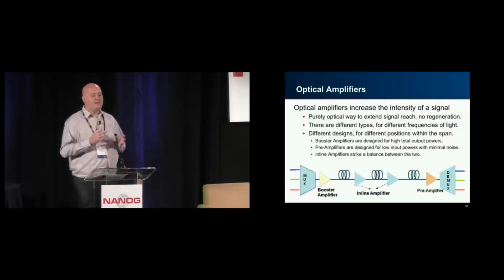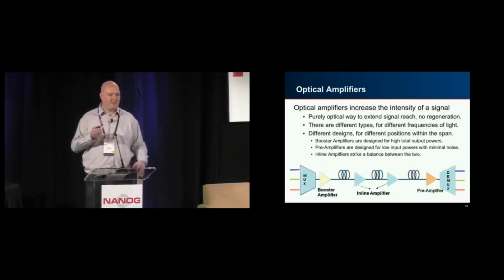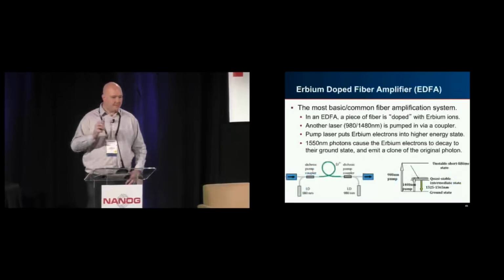And a preamplifier is designed to be used on the receive side. What you're going for here is something that works with really low input powers, does a minimal amount of noise, and makes the signal bright enough that your receiver can see it comfortably and everything can work. Inline amplifiers kind of strike a balance between the two. So these are the 3 types that you see.